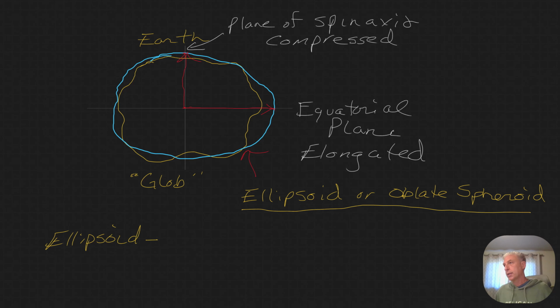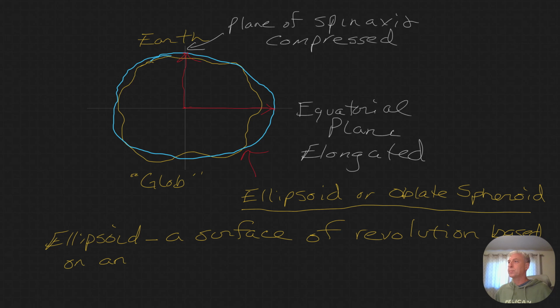Roughly, it's a surface called a surface of revolution, or rotation, based on an ellipse rotated about the spin axis of the Earth.